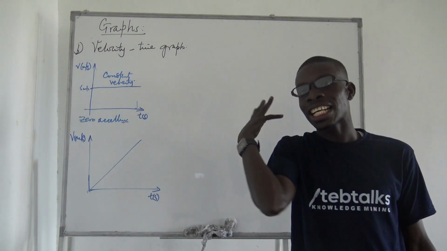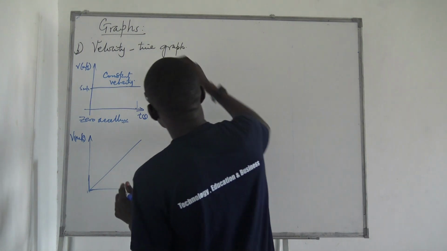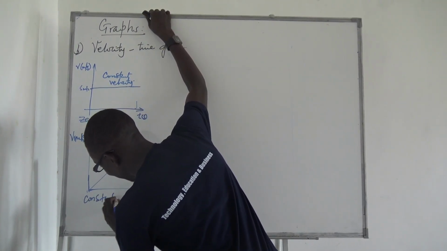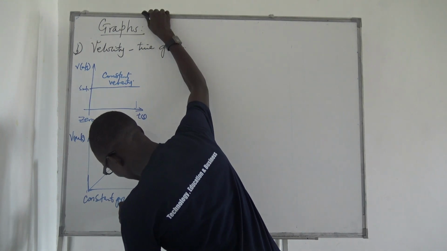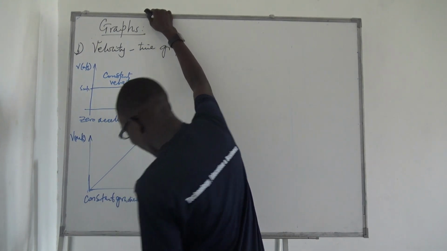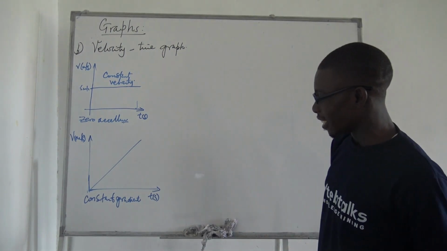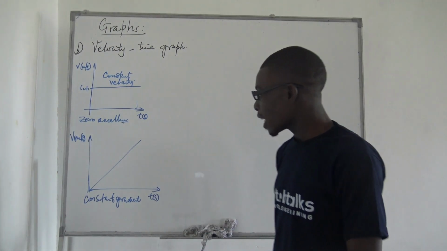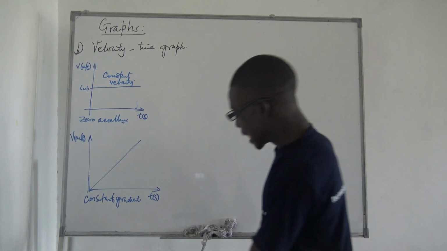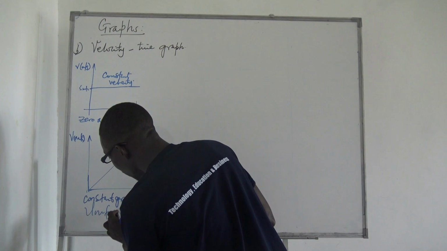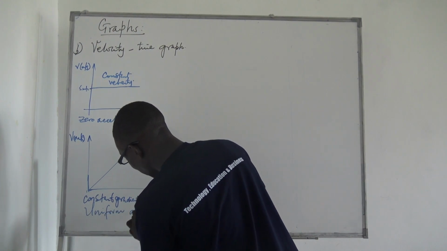A constant gradient. First of all, it is a constant what? It is a constant gradient. What is that constant gradient all about? Can you imagine? This is what we are calling uniform acceleration.